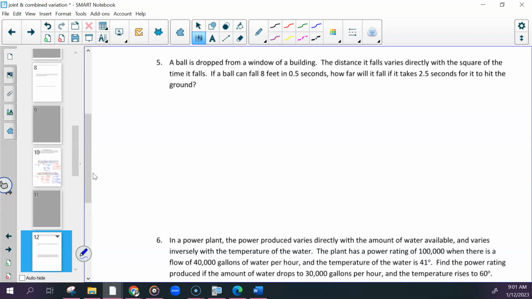So for 5, a ball is dropped from the window of a building. The distance it falls varies directly with the square of the time it falls. So if you want to just use y and x, that's fine. If you want to use d and t, that's also fine. How would we set up this equation?